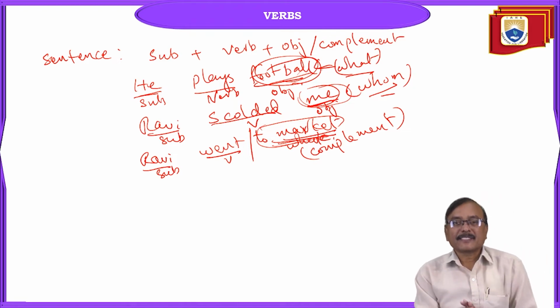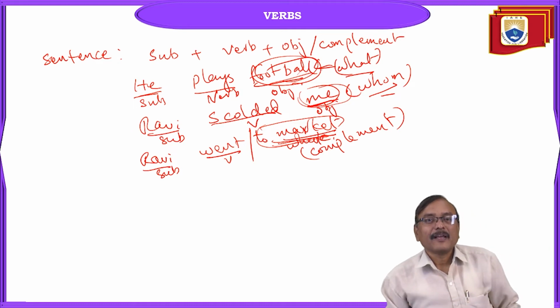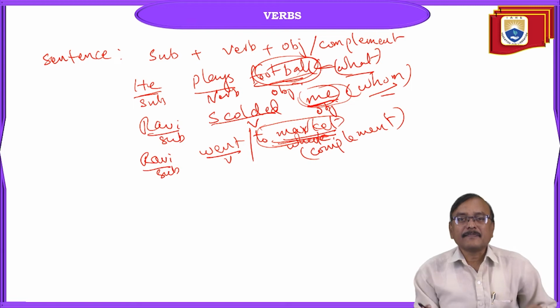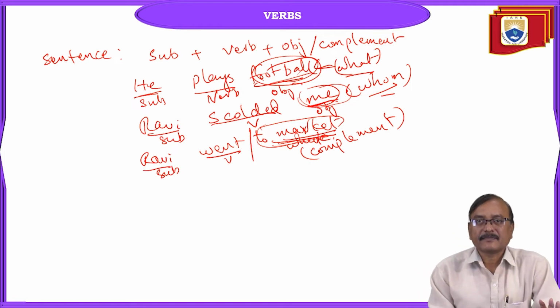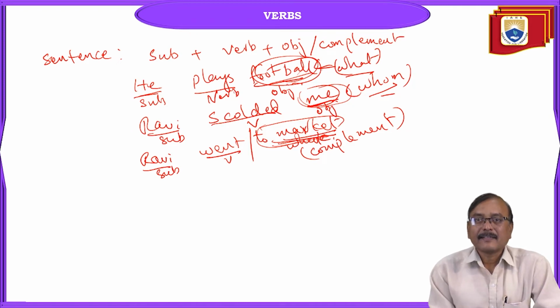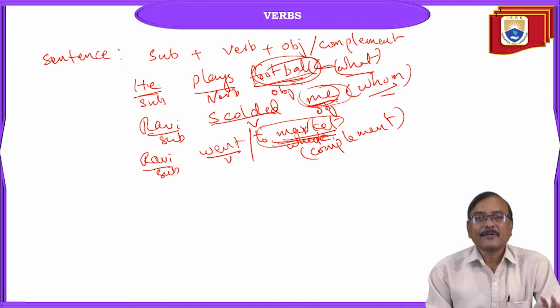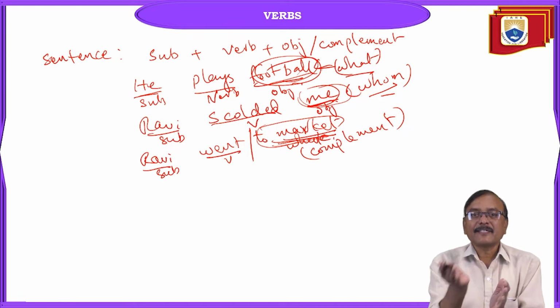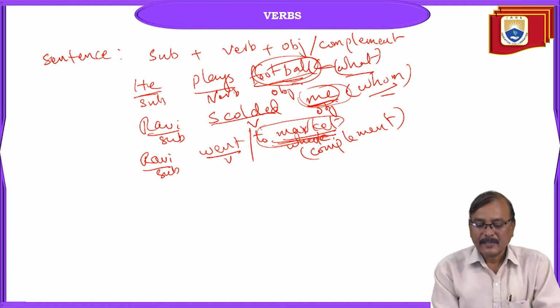So how to test, sir? How can we know whether it is an object or a complement? Simply take a test like this. If the sentence is in SVO order, subject, verb, object, you know it is active voice. Then try to change it into passive voice. Bring the object to this side and the subject to this side.